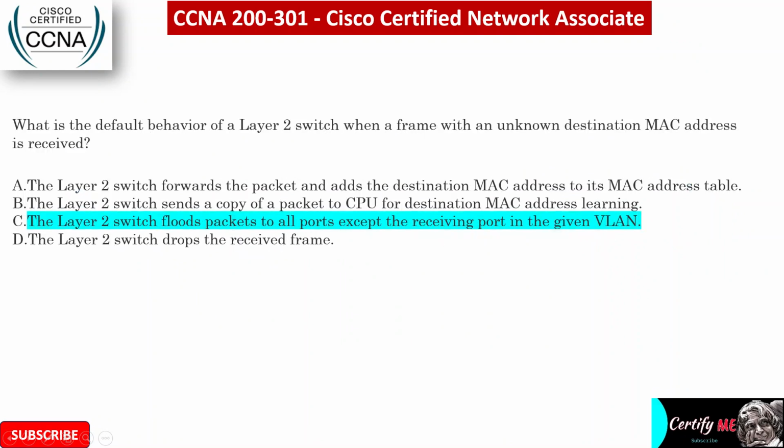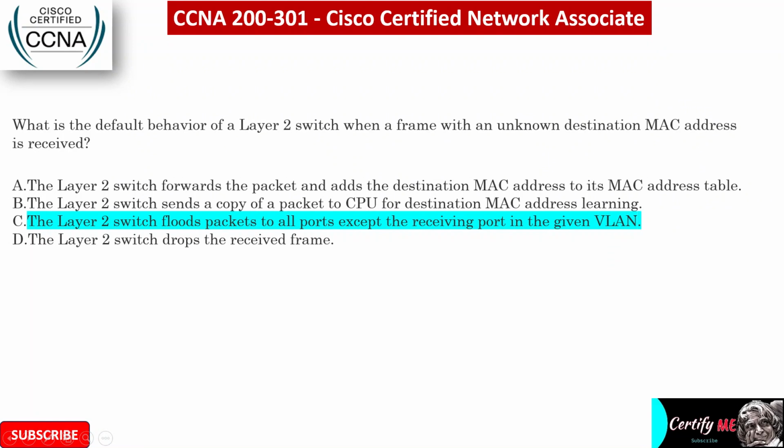Next question. What is the default behavior of a layer 2 switch when a frame with an unknown destination MAC address is received? The options are option A. The layer 2 switch forwards the packet and adds the destination MAC address to its MAC address table.